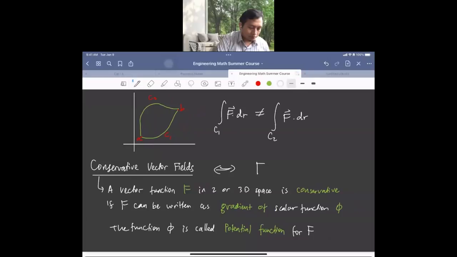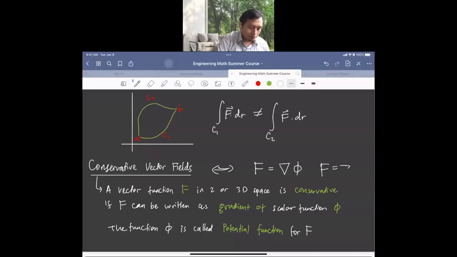So basically, we can set up that F is the del of this psi, or sometimes I write using small f. I hope you remember, before I wrote sometimes psi, sometimes small f.